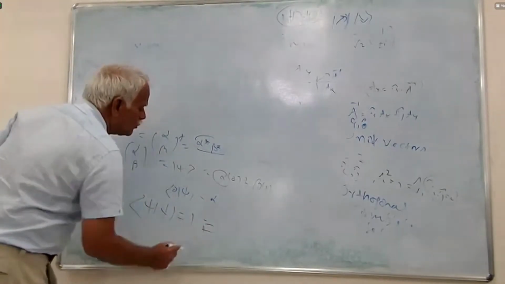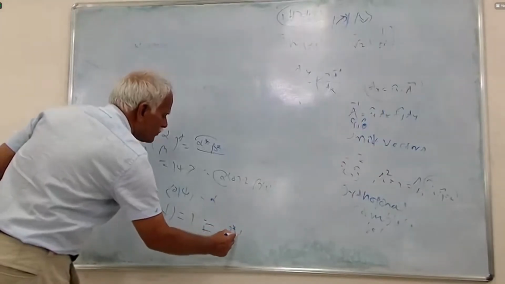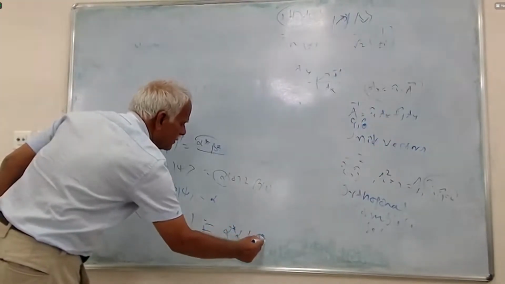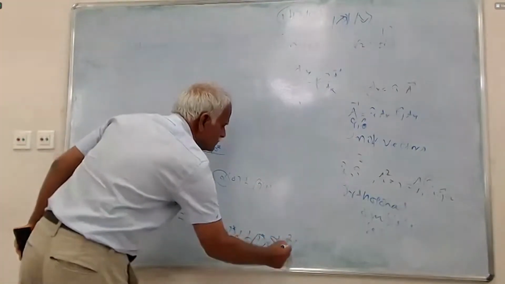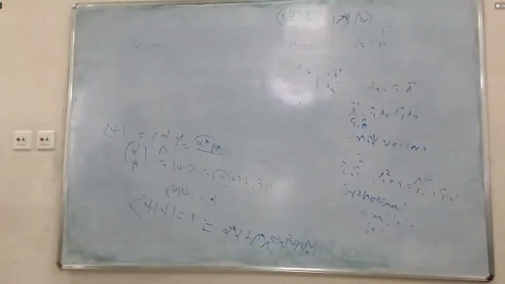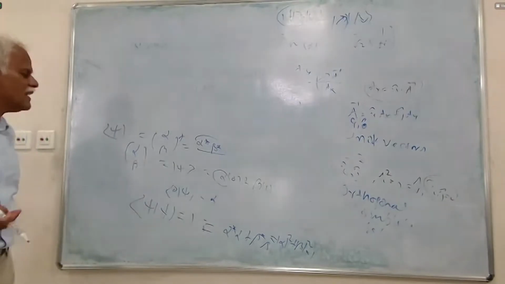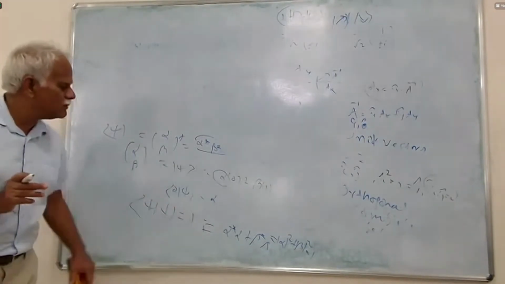Now explicitly to do it, what do you find? You find the numbers alpha star, beta star, with alpha mod square plus beta mod square equal to 1. So that is normalization. Physically, what does normalization mean? It means they will represent, for example, an electron. That all over the world, if you search, you should find it.